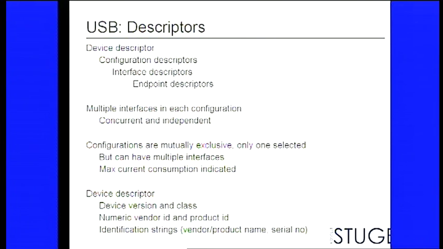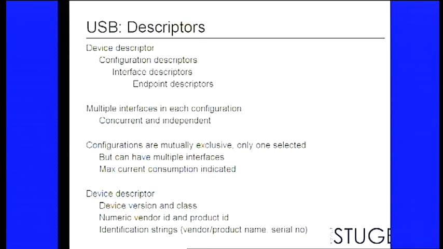And looking at the device descriptor, we'll get into the configuration descriptors and interface descriptors and endpoint descriptors in detail in the workshop. But looking at the device descriptor, it has, as I mentioned, the device version and the device class, which I'll come back to, and a vendor ID and a product ID to uniquely identify this device among all other USB devices in the system.